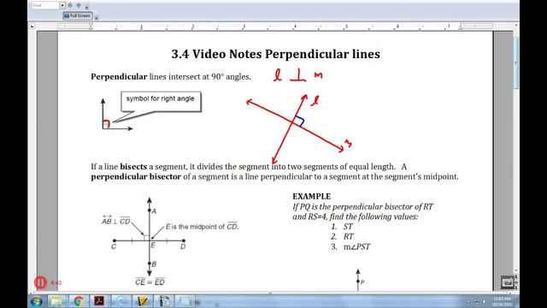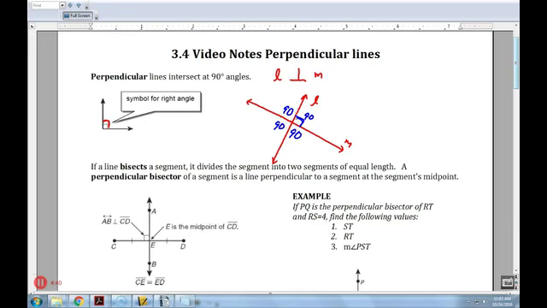Because that symbol means 90 degrees, and these two form a linear pair, they have to add to 180, so the other is 90 degrees. And then we can apply vertical angles. Basically, when you have one 90, all four have to be 90. There's really no other way to look at it.